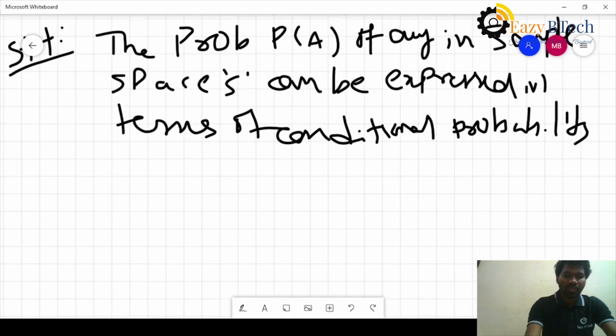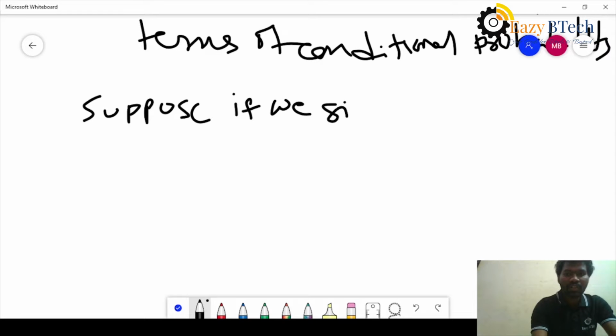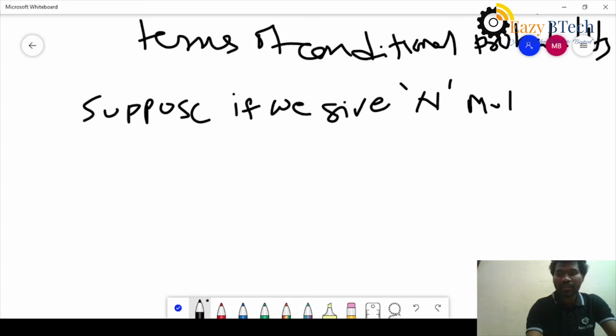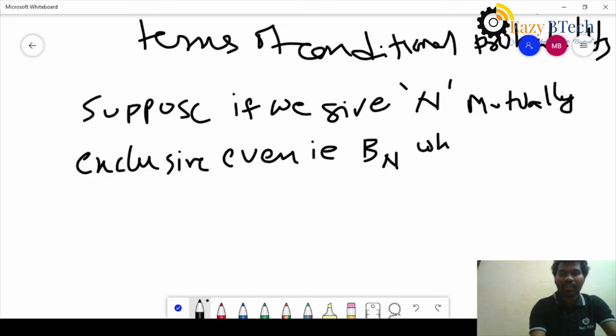Suppose it can also be represented like this. Suppose we are given n mutually exclusive events, Bn, where n equals 1, 2, 3, and so on.